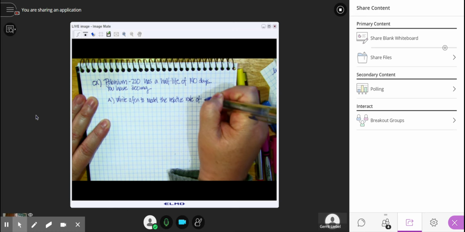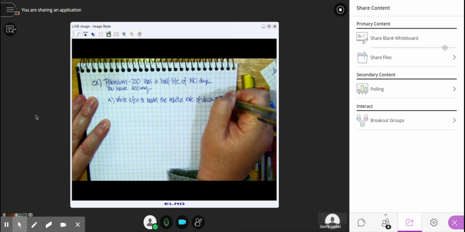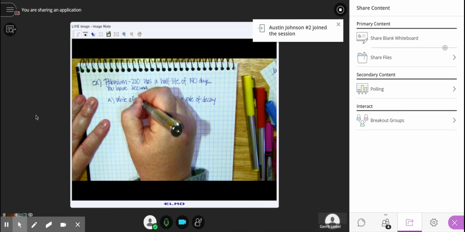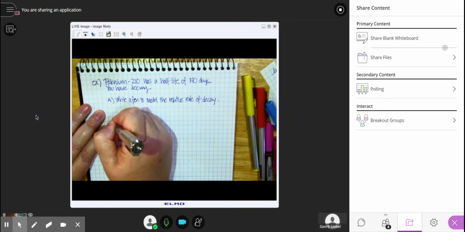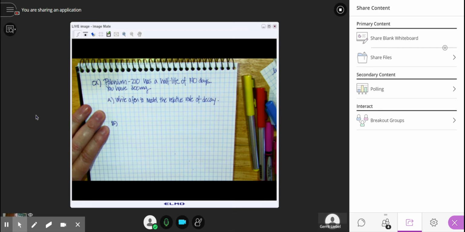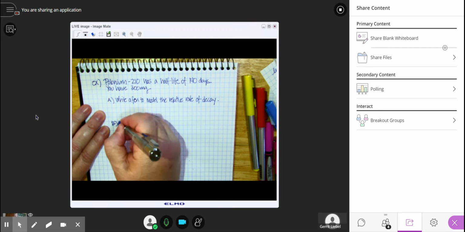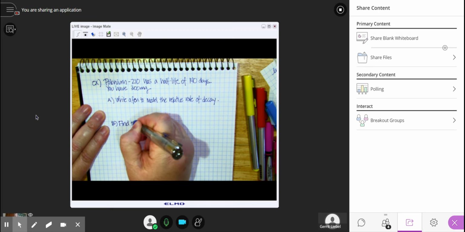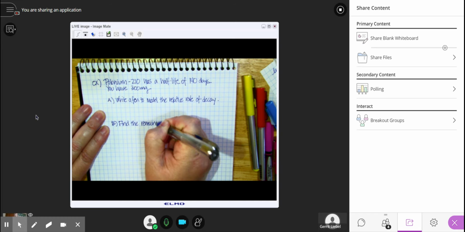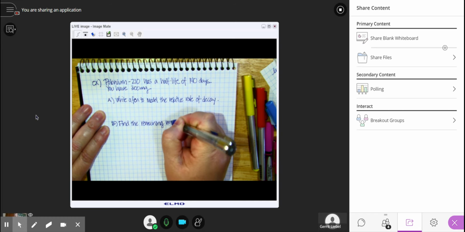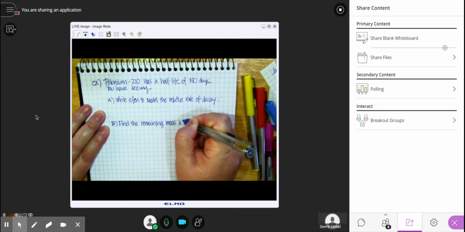Okay, so we are going to write a function, an FCN, to model the relative rate of decay. Then we're going to find the mass remaining after 1 year.